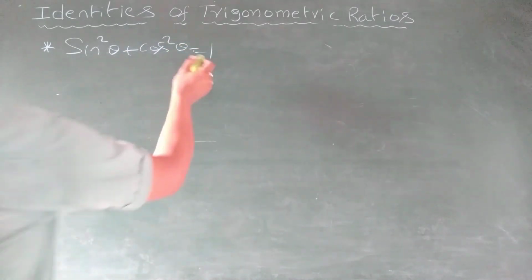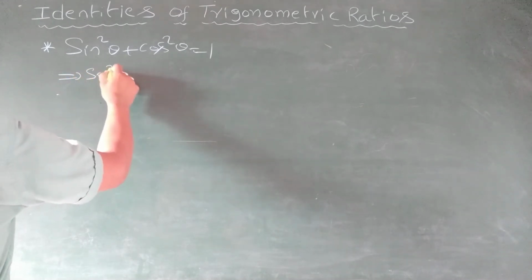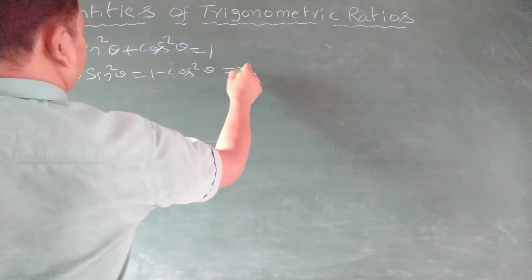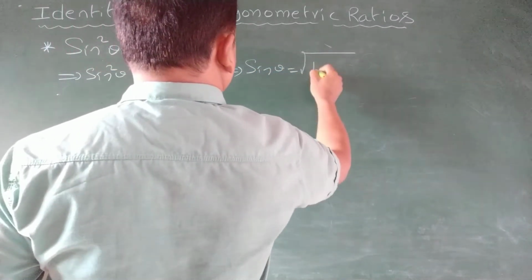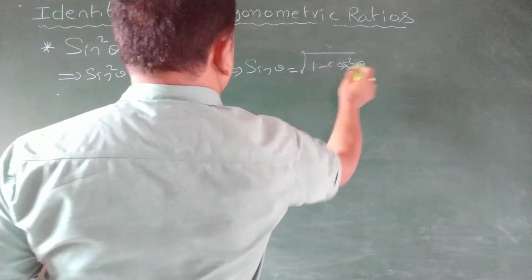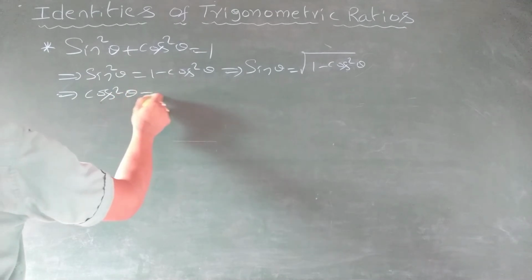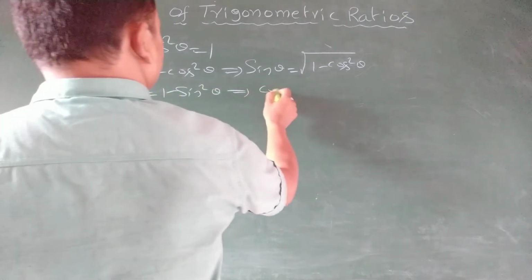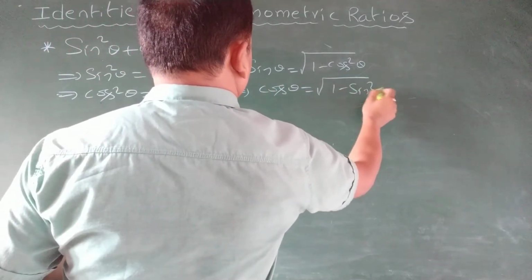From this, sin square theta is equal to 1 minus cos square theta, so sin theta is equal to square root of 1 minus cos square theta. Again, cos square theta is equal to 1 minus sin square theta, so cos theta is equal to square root of 1 minus sin square theta.